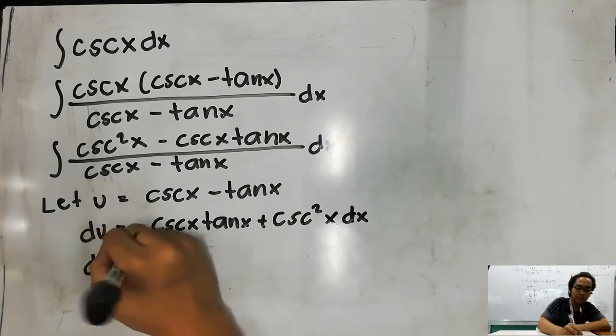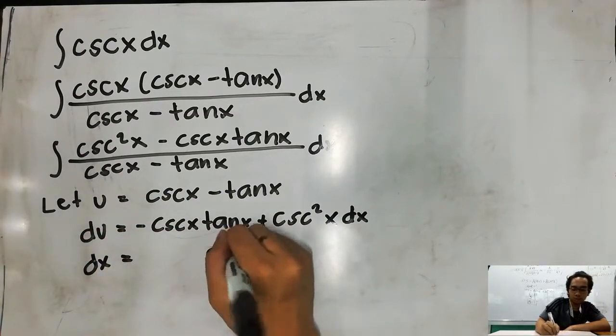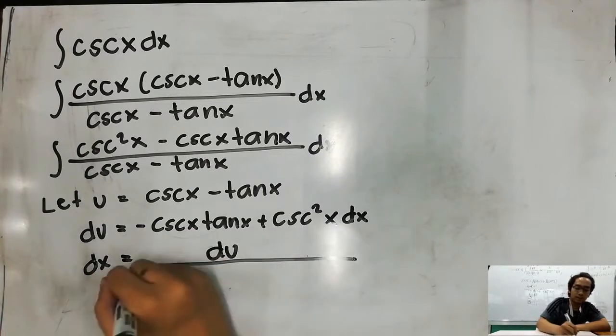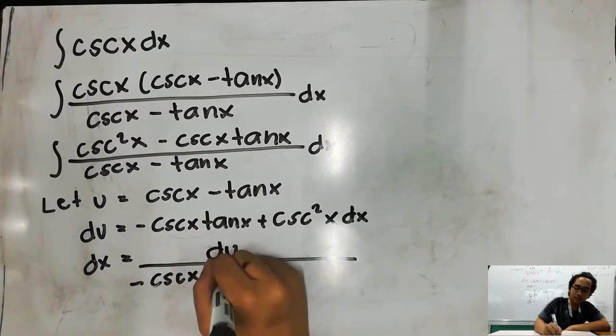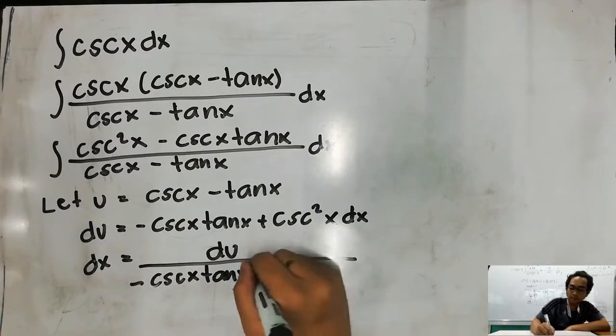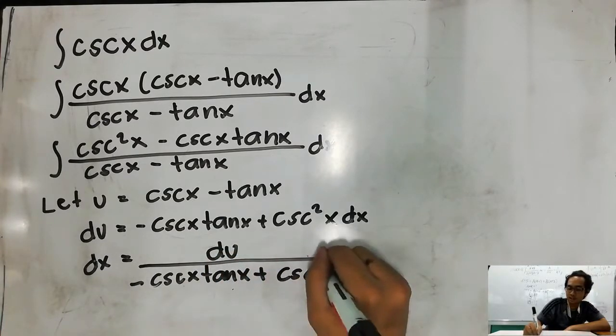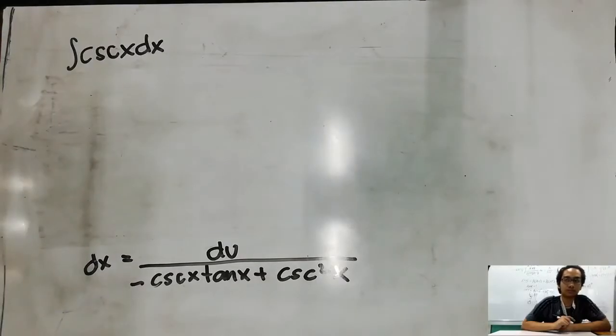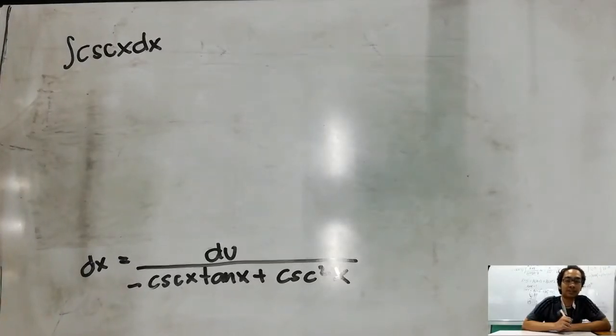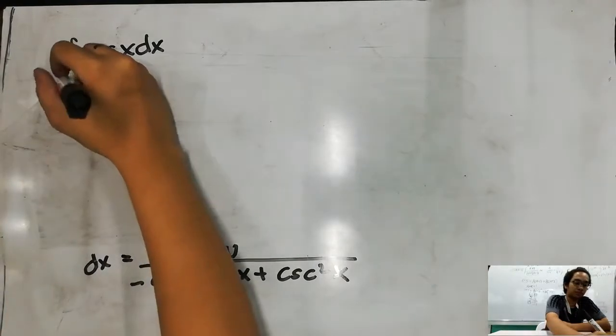dx will be equal to du over negative cosecant x tangent x plus cosecant squared x. We substitute dx into our function.